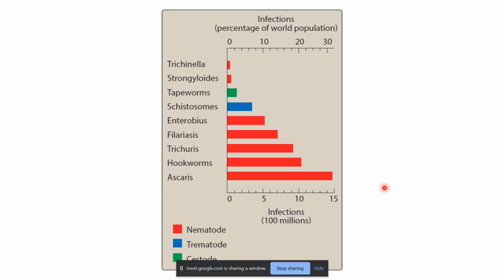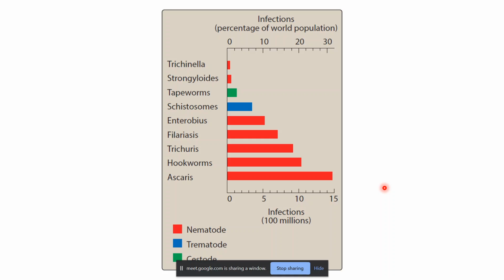So all these infections are very common, and the incidence varies depending on the type of the worm.